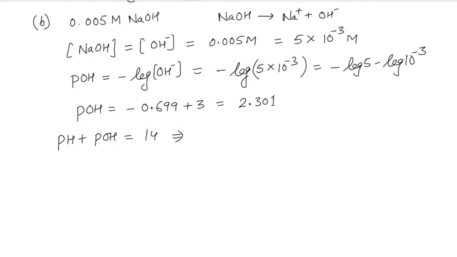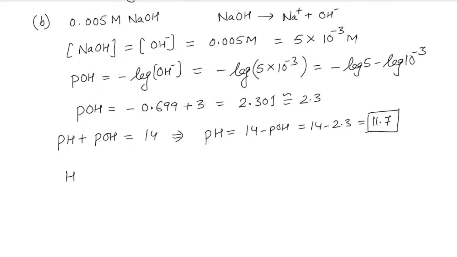So take it as 2.3. So pH is equal to 14 minus pOH, that is 14 minus 2.3, that is 11.7. That's it.